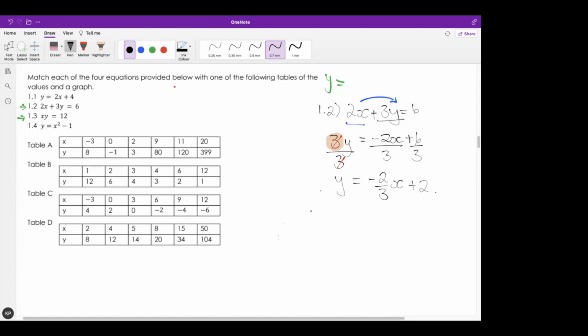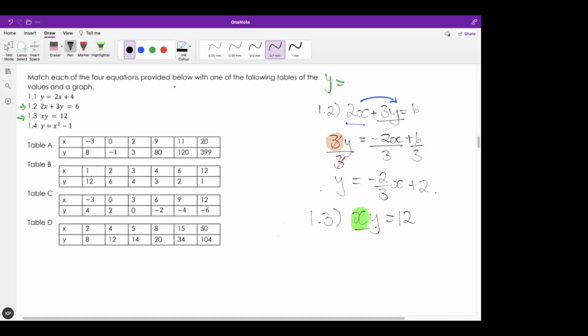Let's work with number 1.3 and fix it. 1.3 says x times y is equal to 12. This is just one step. How will we get rid of that x that's in front of my y? Currently, it is multiplied, so how will I get rid of it? Divide.